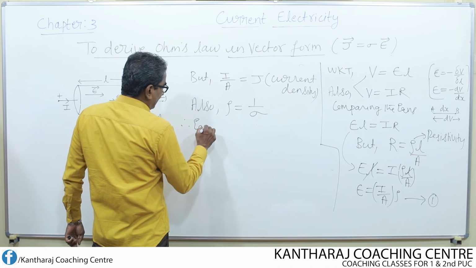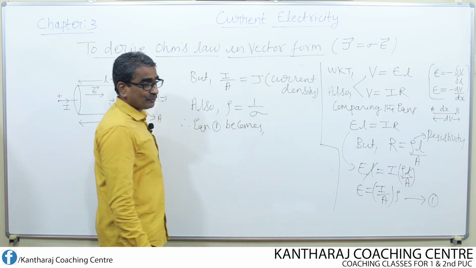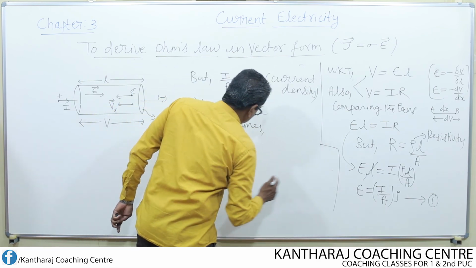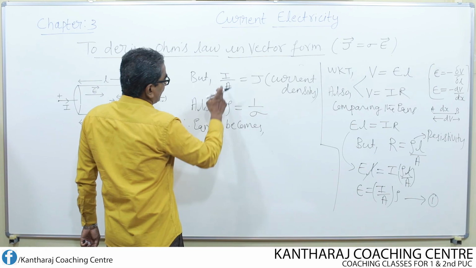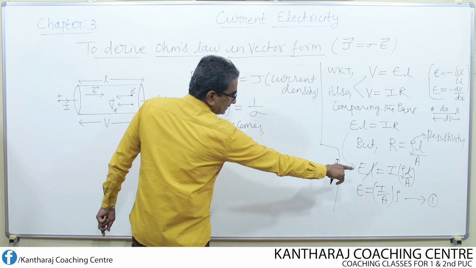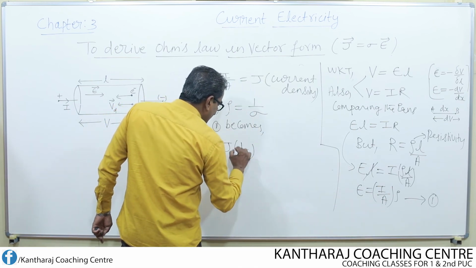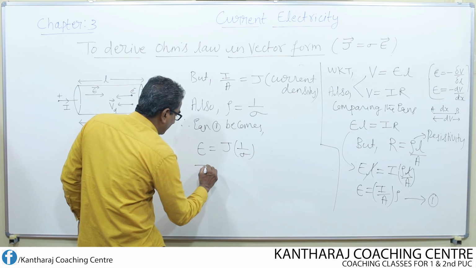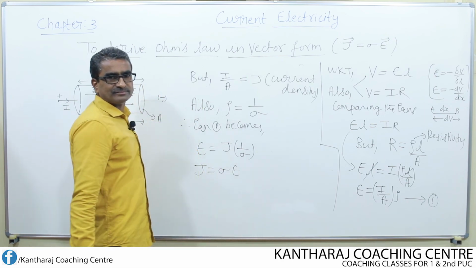Therefore, equation 1 becomes: J is equal to I by A, and rho is equal to 1 by sigma. Now you cross multiply: J equal to sigma into E.